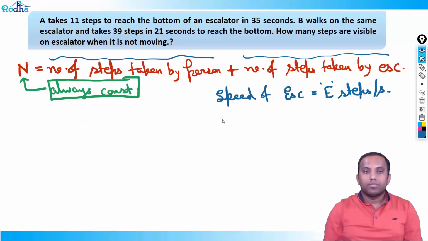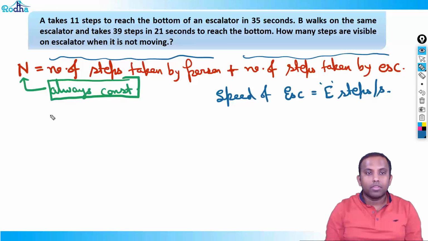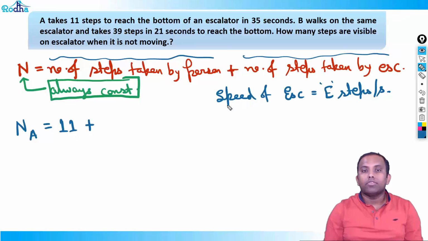So N in case of A is the steps taken by A, that is 11, plus 35 into E, since in 35 seconds the escalator takes 35E steps. This is the first equation.